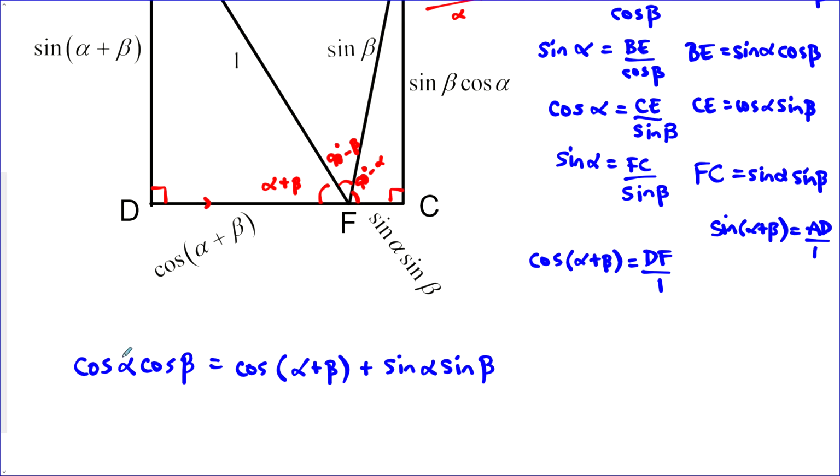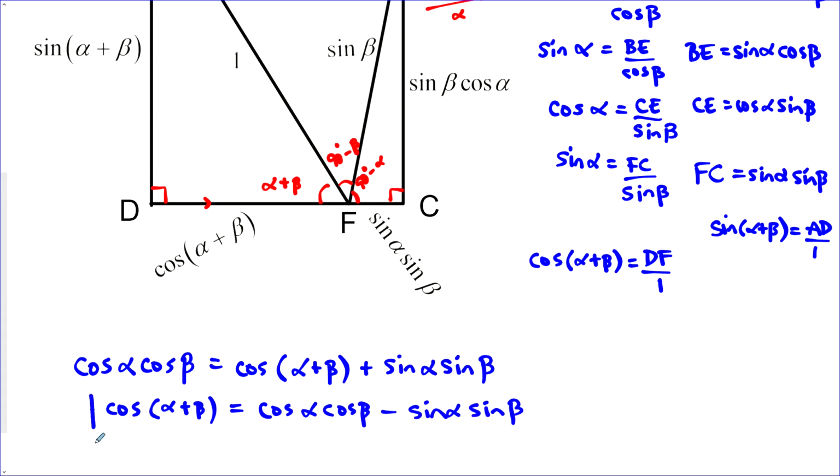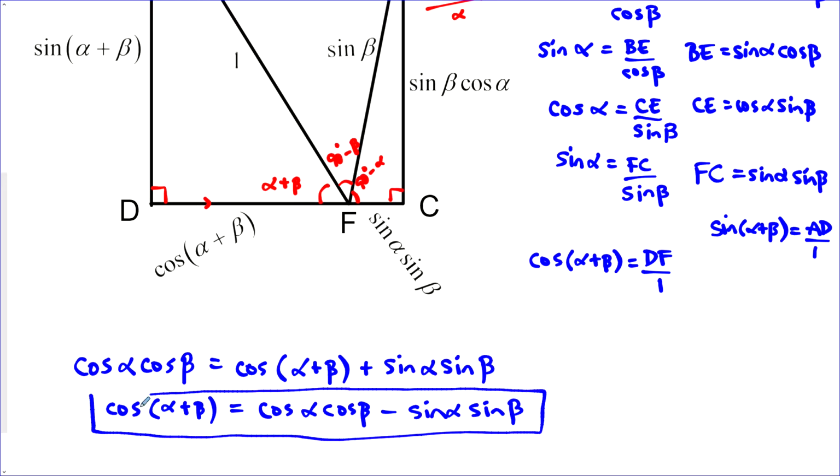And this is an identity. We probably want to solve it for cos here. So cos of alpha plus beta is equal to cos alpha times cos beta minus sine alpha times sine beta. That gives us an interesting sum identity, as in addition.